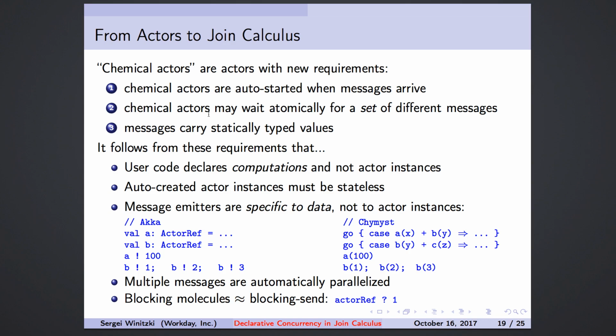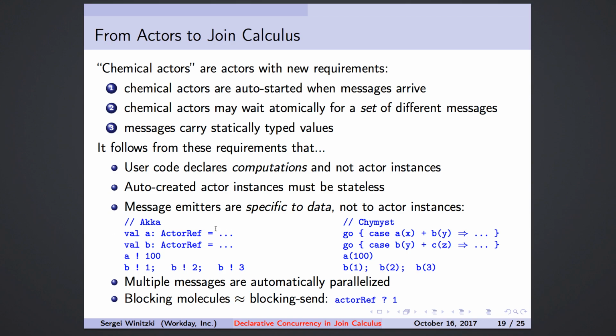Because if they are automatically started, there's no state. I can start them whenever I want, and they must start with the same state somehow. So they must be stateless. User code will define computations, but it will not manage actor instances anymore.